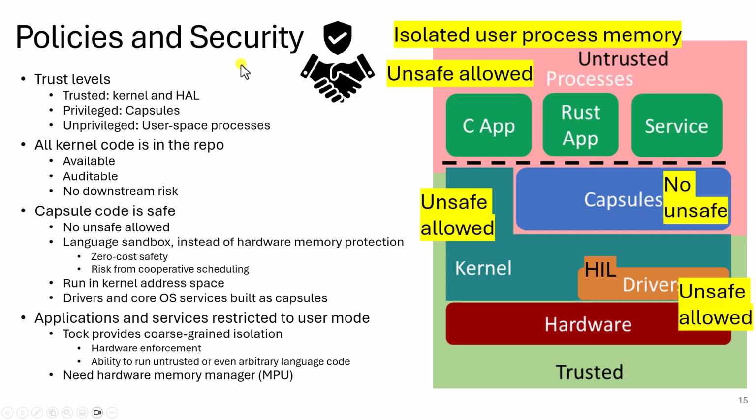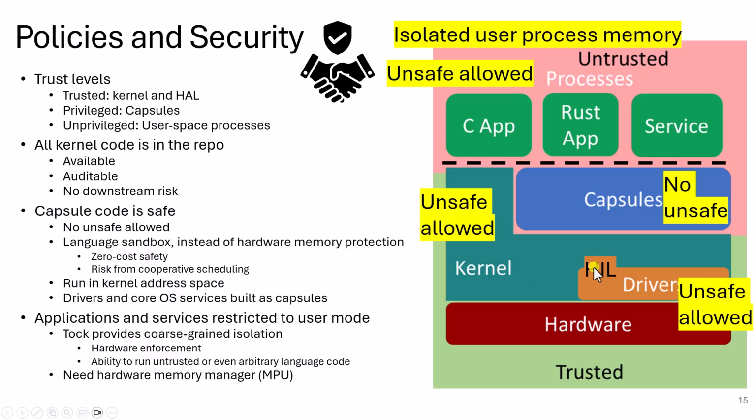The policies in security can be grouped into three broad trust levels. The most trusted is the kernel and hardware abstraction layer. Here, unsafe is allowed, and if any of the code crashes, it can take down the whole embedded system.